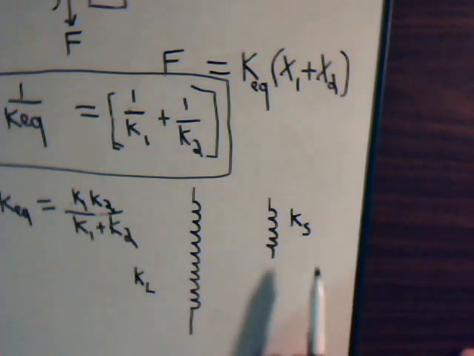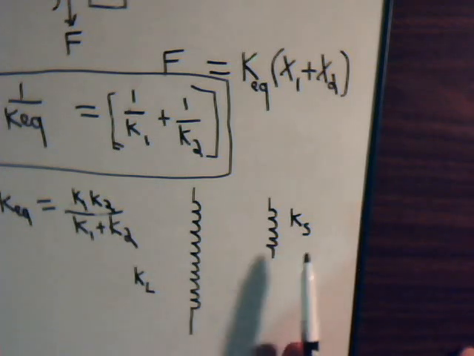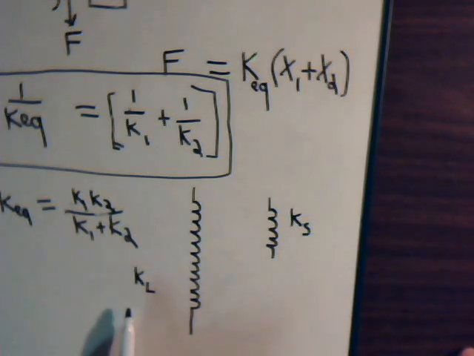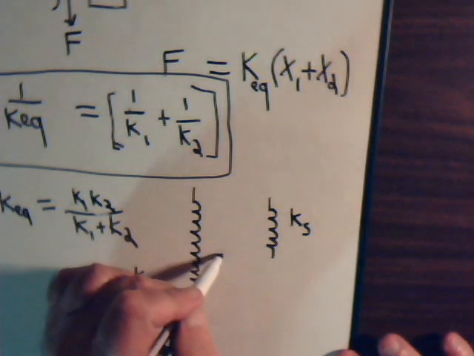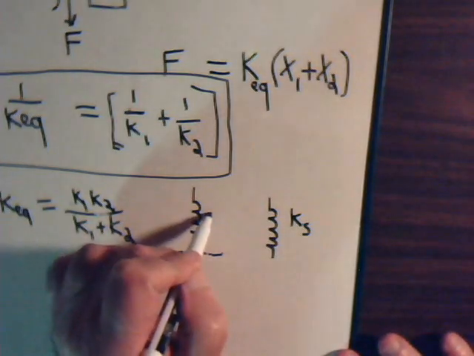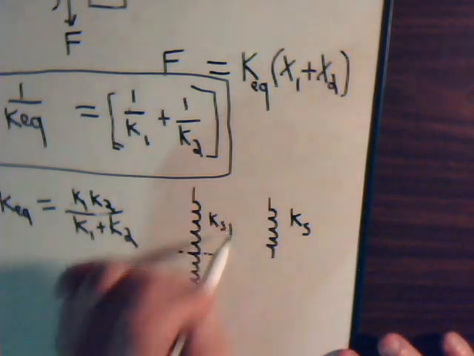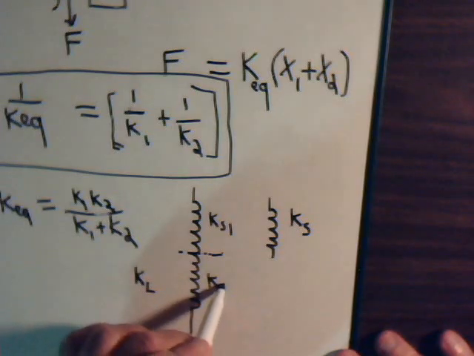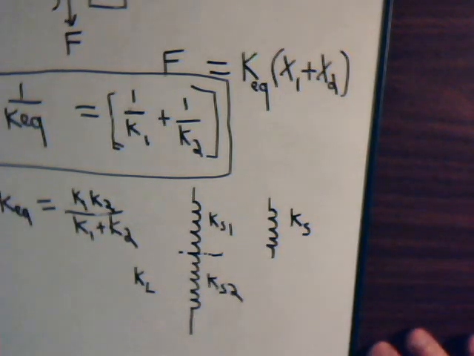And that's because K_L is less than K short. We can think of the long spring as sort of being comprised of two short springs, K_S1, K_S2, where the spring constant of the entire spring, K_L, is less than this and this. So if we chop the spring off, we have two shorter springs.